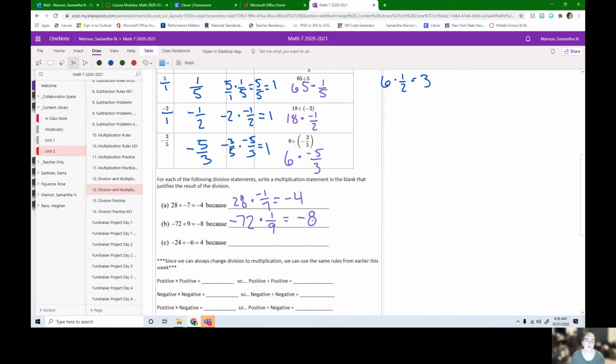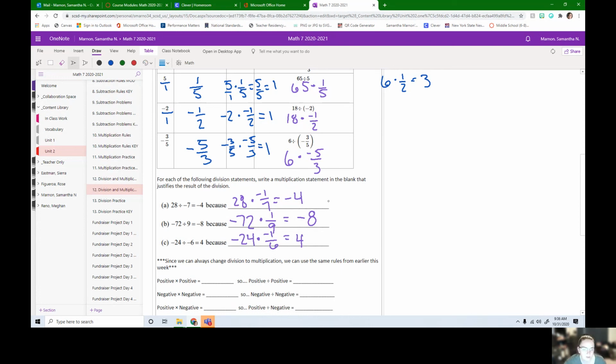So what we're doing right now is we're showing that because division and multiplication are related, they're going to have the same rules. So here we have -24 divided by -6 equals +4. And we know that because if we change this with the multiplicative inverse to multiply by -1/6, a negative times a negative is a positive. So we get +4.